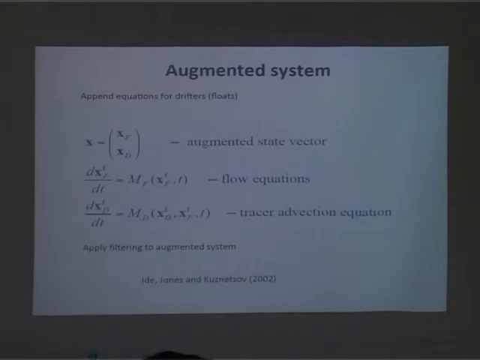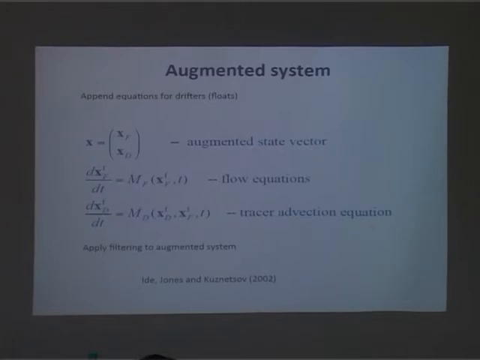And so XD would be actually two, each of them two-dimensional or even possibly three-dimensional. And they would satisfy the equations where you're getting the velocity fields from solving the XF. Okay, so you just augment the state vector, which is somewhat critical.